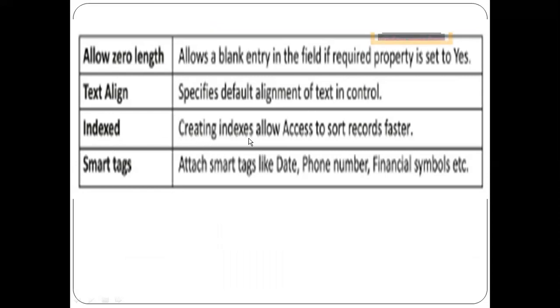Index: creating indexes allows access to sort records faster, like assigning a primary key and all. You will come to know later as we go on defining the tables. Smart tags attach smart tags like date, phone numbers, financial symbols and all. This also you will come to know once we really design a table, operate on it, fetch a query, and accordingly show an output. At that time, these tags will be used.